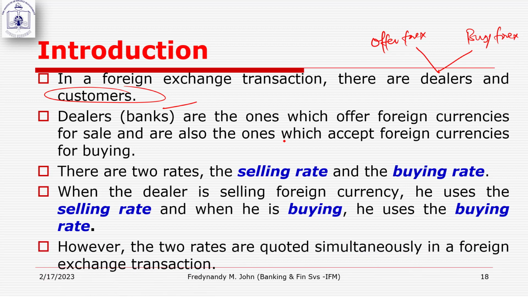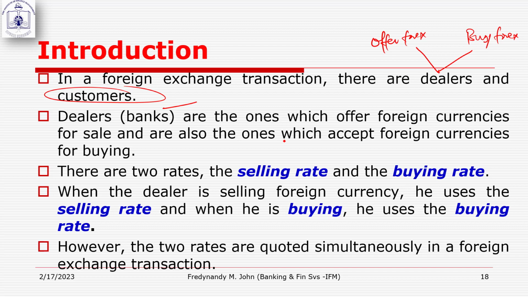If you read that a certain commercial bank sells a certain foreign currency at some price, then those prices, the buying and selling, reflect the dealer. It is the dealer who announces that I am buying, for instance, United States dollars at 2,500 and I'm selling at 2,550 Tanzanian shillings.